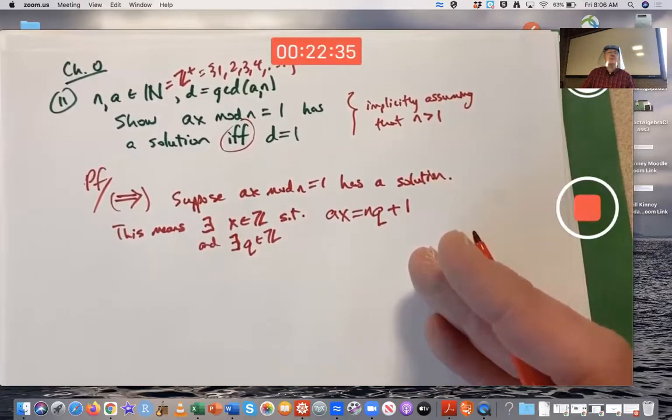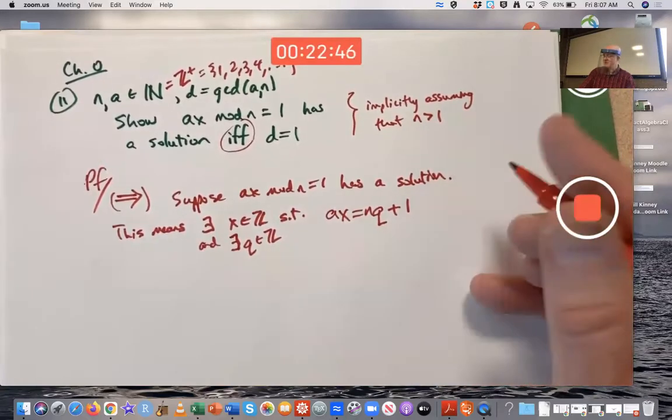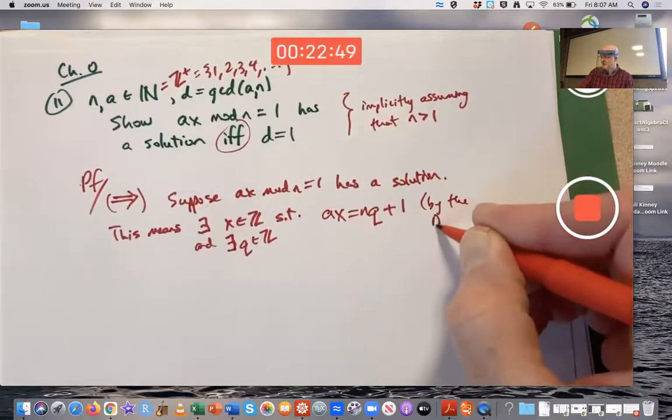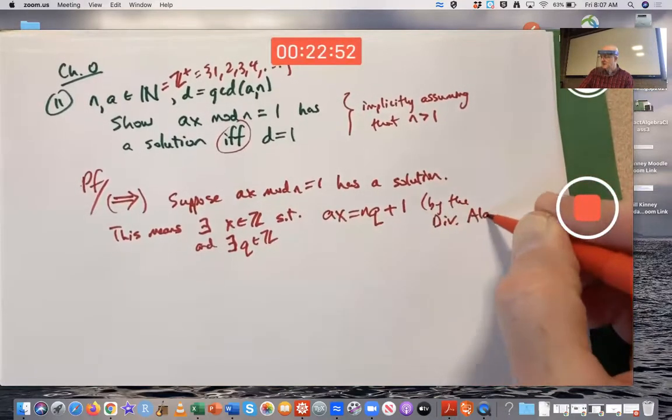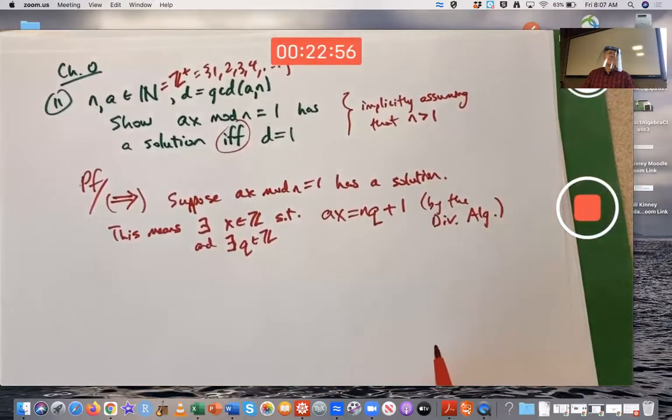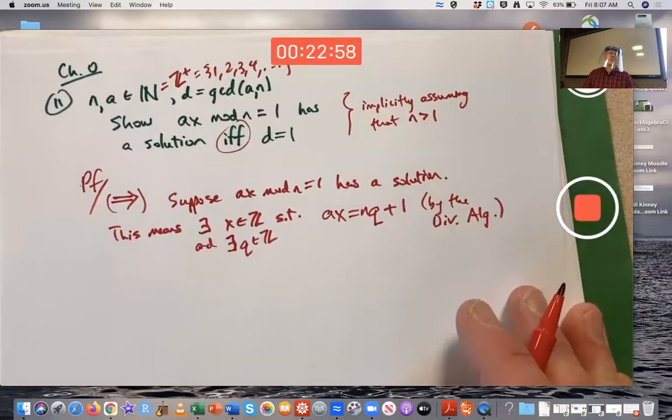Division algorithm is something we use so often. If you use it, you don't have to state it unless I explicitly say in a test question, make sure you name every single theorem that you use or something like that. I'll go ahead and just put it in parentheses here, by the division algorithm. How do I use the GCD as a linear combination theorem? I suggested to use that.